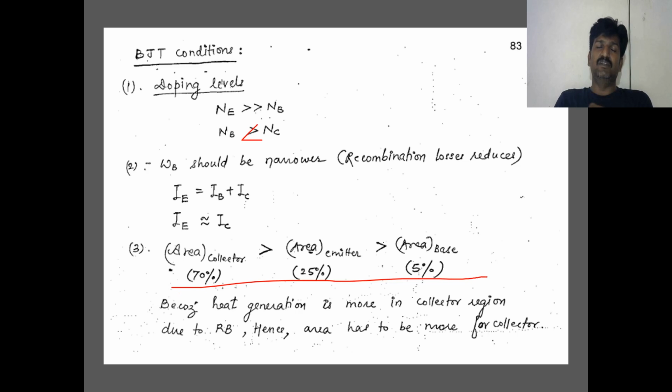Once again I will repeat. Doping level of the emitter is very high and doping level of the collector is moderate. Doping level of the base is very small and area occupied by the base is very small because it is very thin, and area occupied by the collector is very wide and area occupied by the emitter is moderate, and the width of the base should be very narrow.